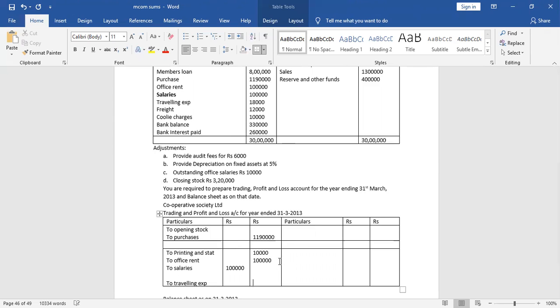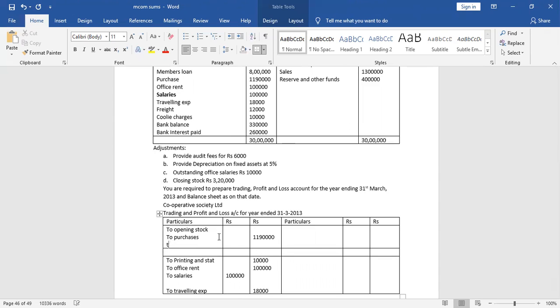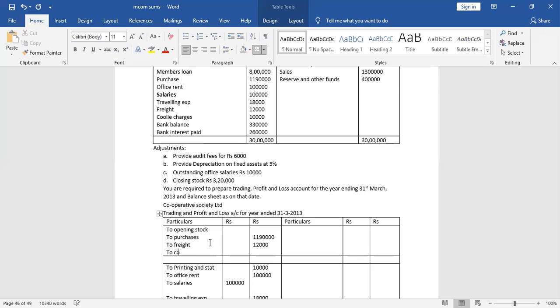Traveling expenses 18,000. Then we have freight. So we will write to freight in the trading account, 12,000. Then we have coolie charges. So it will also come in the trading account. This is related to goods, coolie charges, not related to office, 10,000.